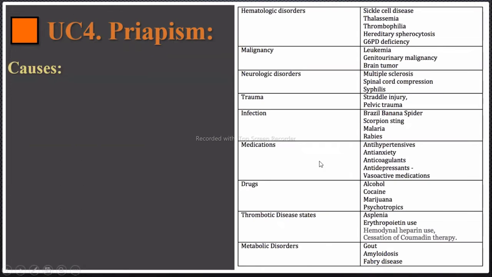So what are the causes? Maybe a hematological cause. The patient has sickle cell disease, thalassemia, thrombophilia, hereditary spherocytosis, G6PD deficiency. Any blood disease can cause that. Why, guys?